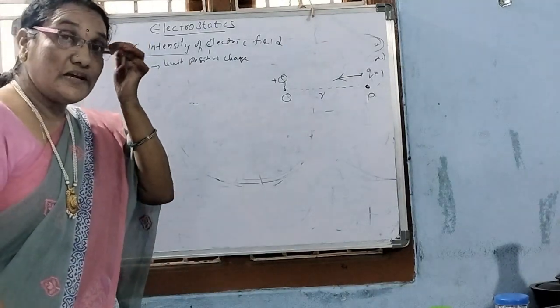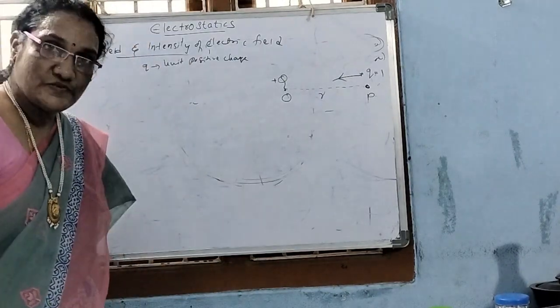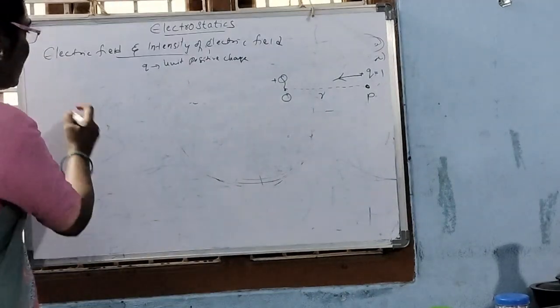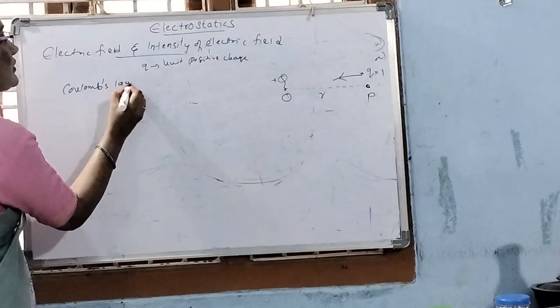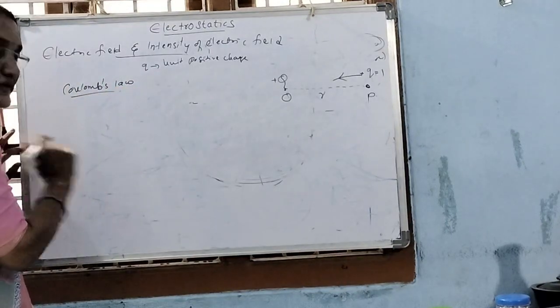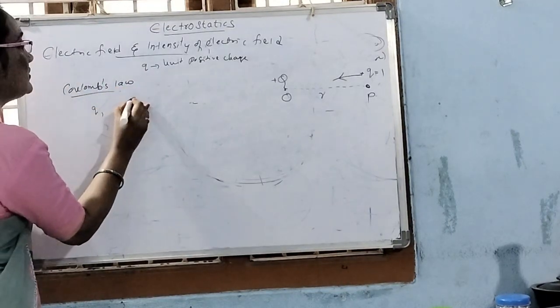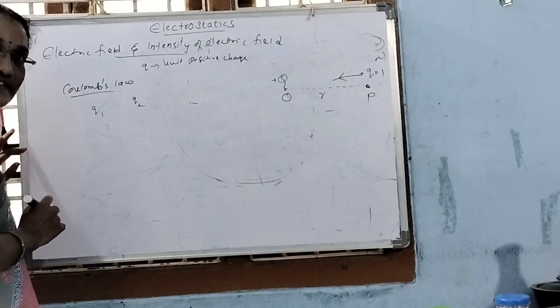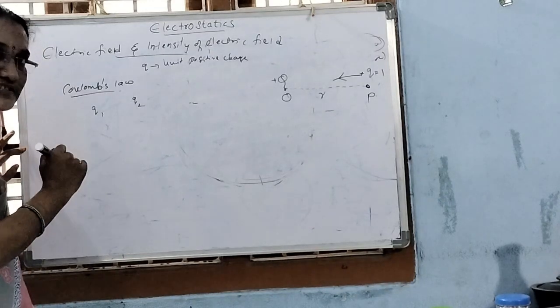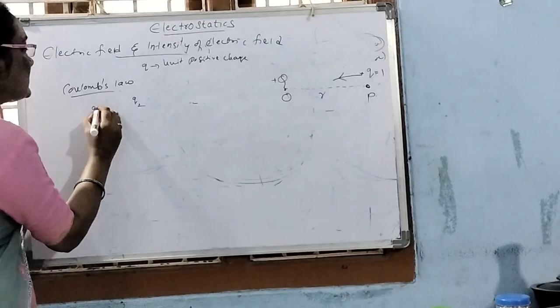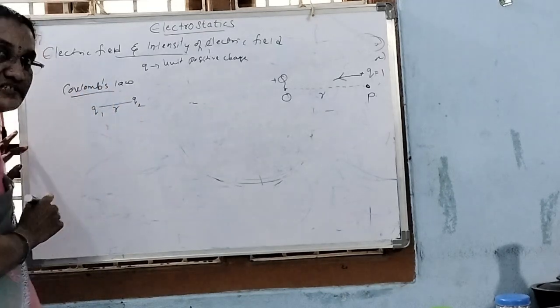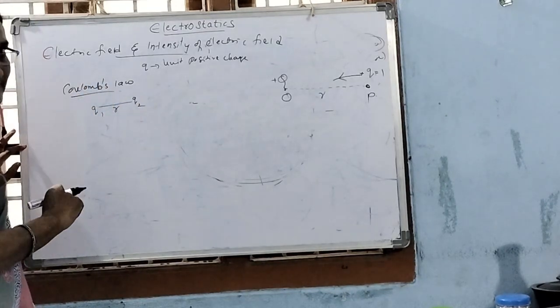Now, I think you know about Coulomb's law. So here, let us talk about Coulomb's law. What did Coulomb say? He took two unlike charges or like charges, right? He separated those two charges with a distance r.